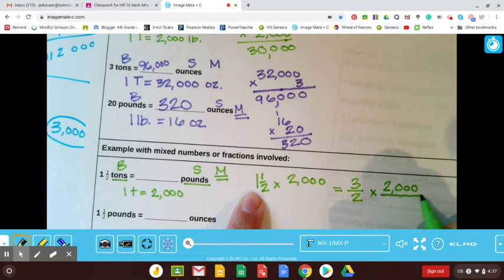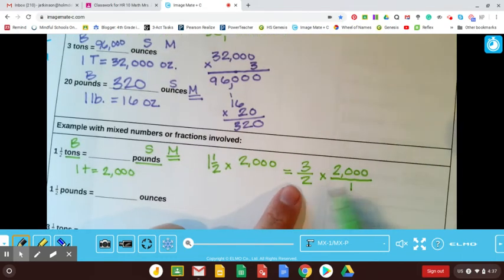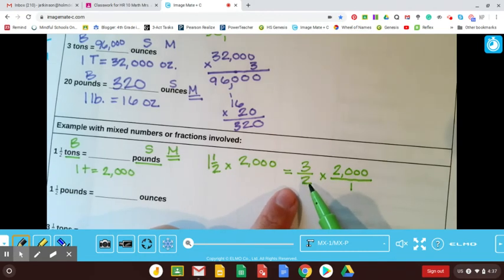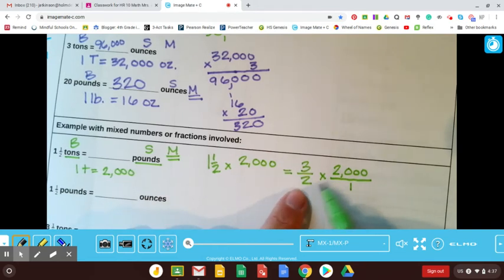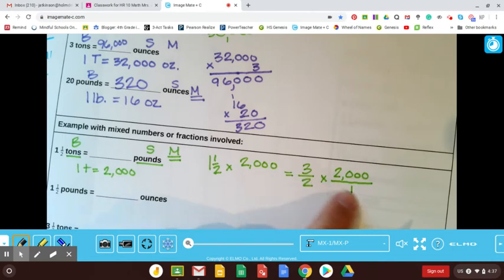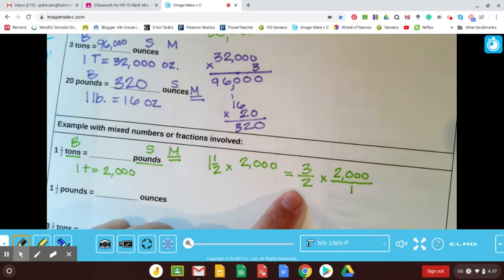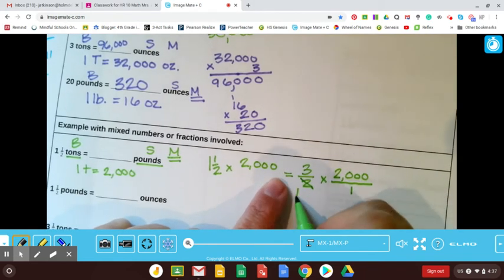If it's a whole number, then you've got to put a 1 under it, right? So now here we have our 2 fractions that we're multiplying together. The first thing that every smart student will do to make their lives easier is check to see if we can do any cross canceling. So the 3 and the 1 have to stay the same. But the 2 and the 2,000, we could divide them both by 2. So if I divide 2 by 2, I get 1.